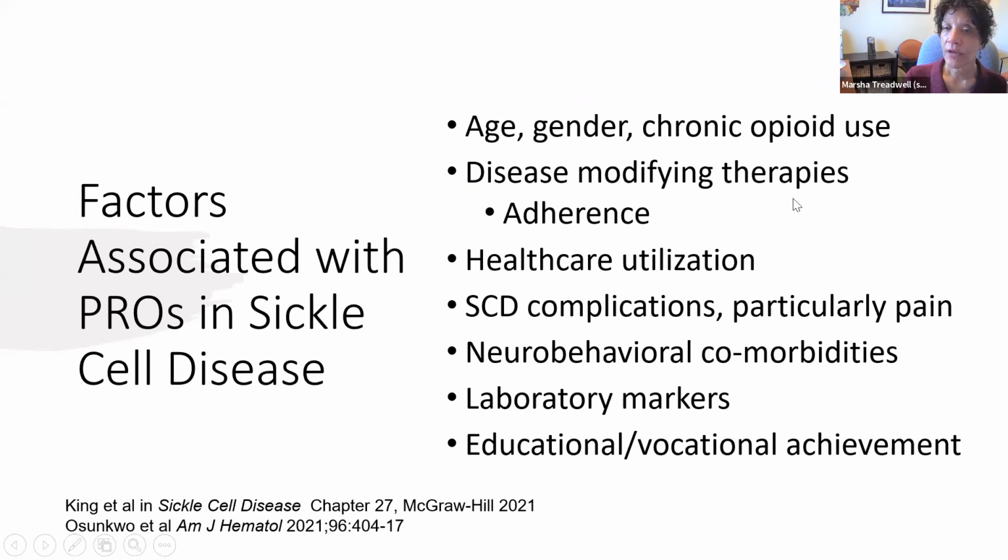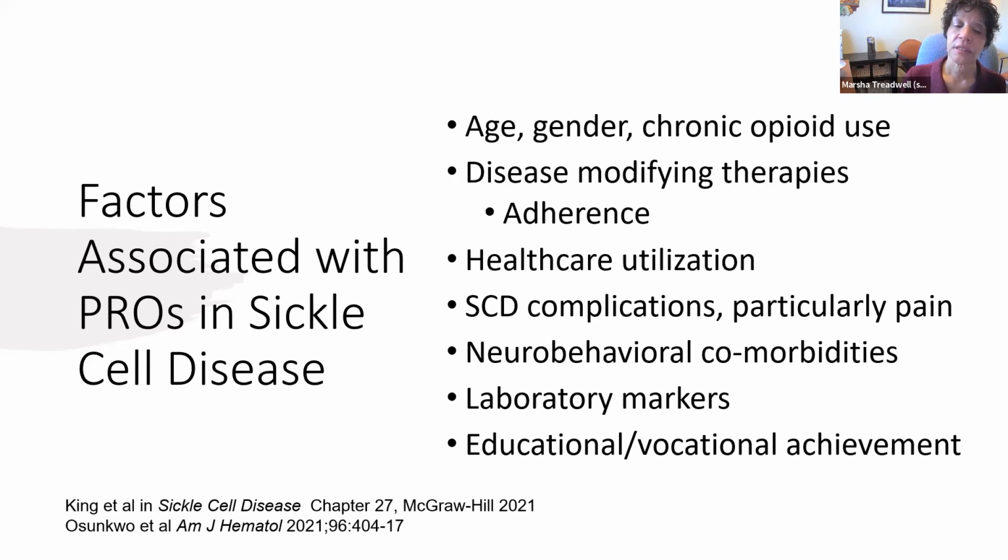Again, mostly hydroxyurea has been studied in terms of disease-modifying therapies, and people who are on hydroxyurea have better patient-reported outcomes, but adherence is important, so those who are actually adherent have even better outcomes. Healthcare utilization, so again, greater healthcare utilization is associated with worse patient-reported outcomes. Pain in particular is a complication that influences these outcomes.